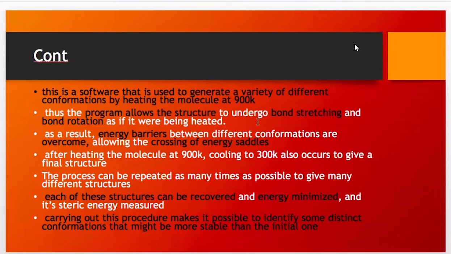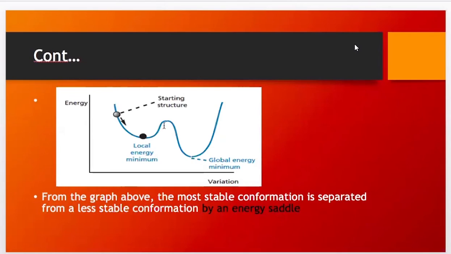Because of that, with this application of molecular dynamics, the way this software is designed, it's actually able to overcome the energy barriers. An example of an energy barrier is the energy saddle that we saw in energy minimization, right?